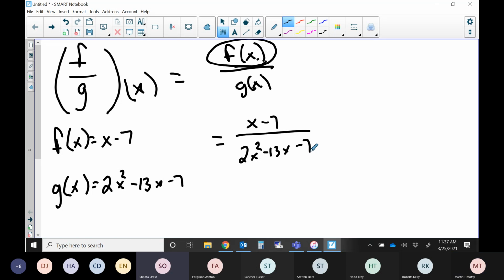No. What can we do with this denominator? We can try to factor it, and then what could possibly happen when we factor it? Canceling out. Can we cancel this -7 with this -7 right now? No. The only way we can cancel them is if they're multiplication, correct? So let's work on factoring this. Go ahead, take the next 2 minutes and try to factor that.